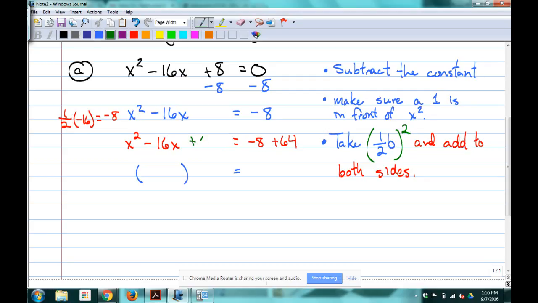So the red part is the part that was already there. The plus 64 is the part we're adding to it. The factoring over here, we're making it happen a certain way. We're making it be a perfect square trinomial. It's always going to be x plus half of b. Well, half of b was what? Negative 8.